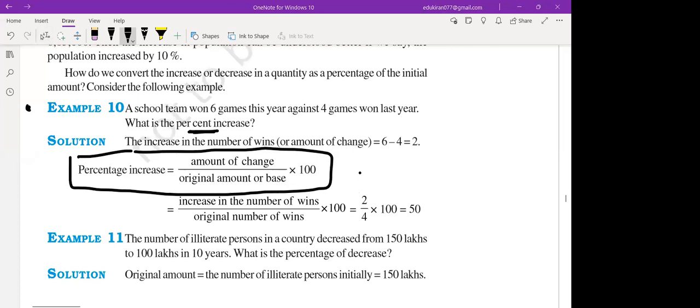Done, ma'am. You don't have to write "increase in the number of wins" here. This is the formula only.